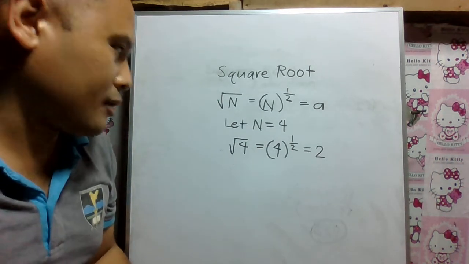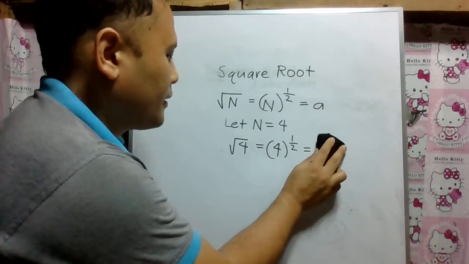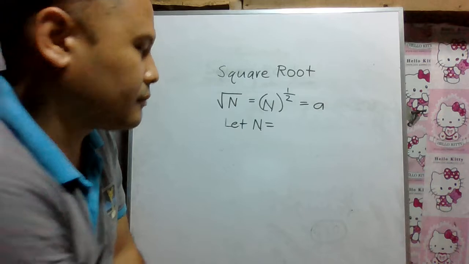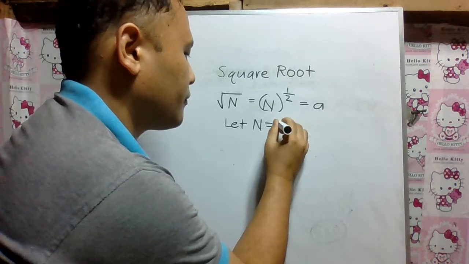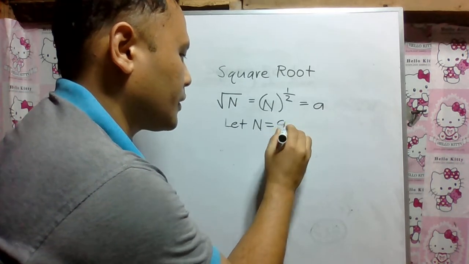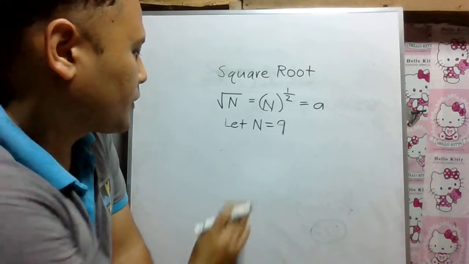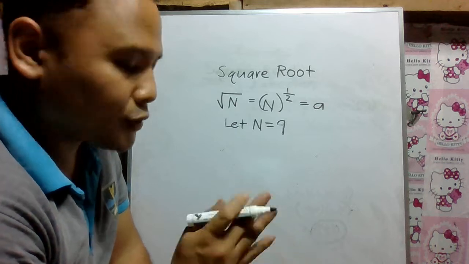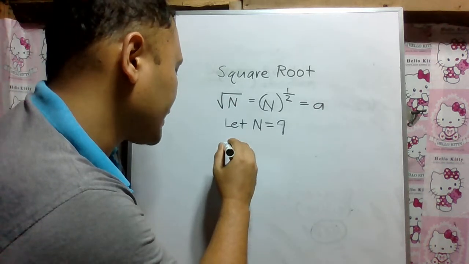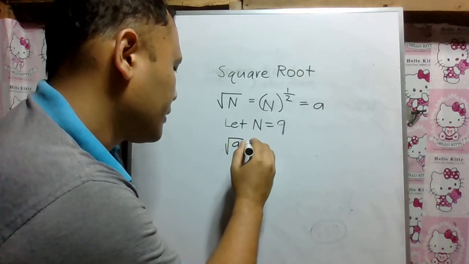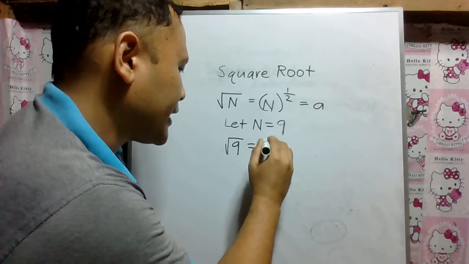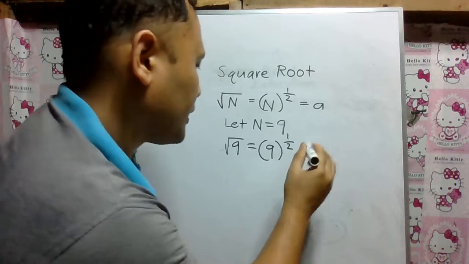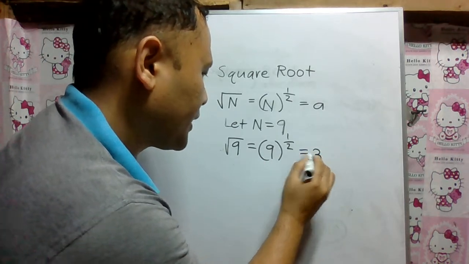Let's have another example. Okay? How about if our n is 9? So, if our variable n equals to 9, if we get the square root of this number, that also means 9 is raised to the power of 1/2, then it is equal to 3.